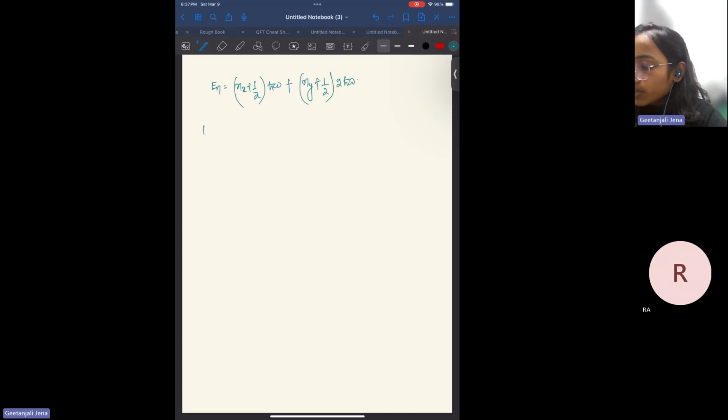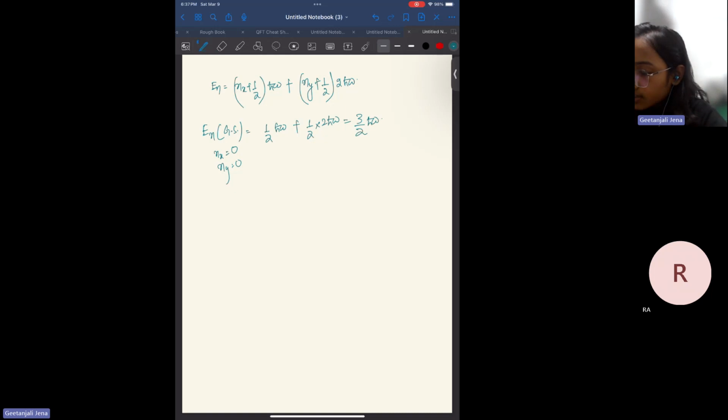So for the ground state, what will be the energy? For the ground state, nx will be 0 and ny will be 0. That means it is half h cut omega plus half into 2 h cut omega, which is nothing but 3 by 2 h cut omega.